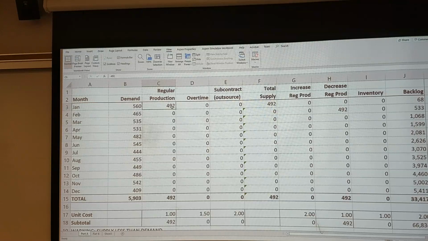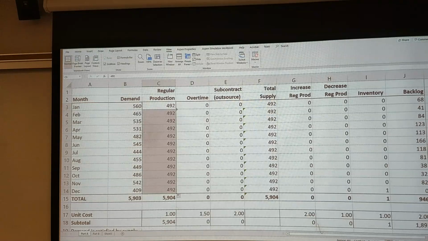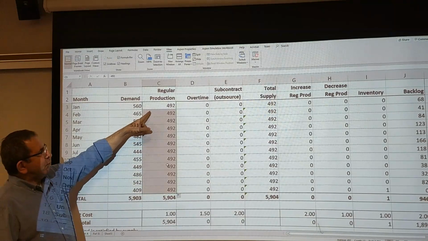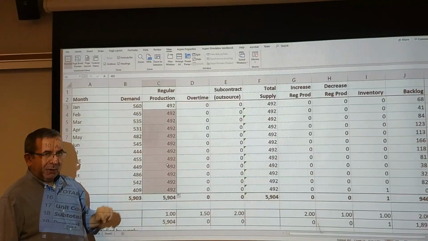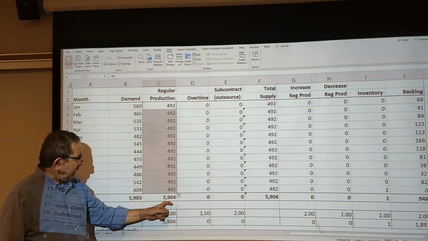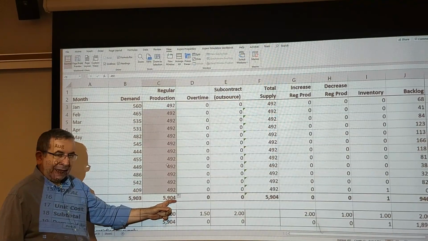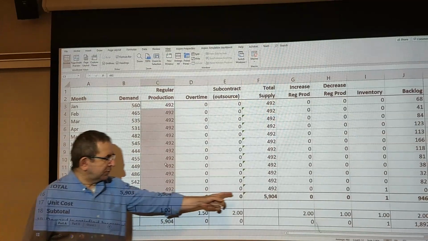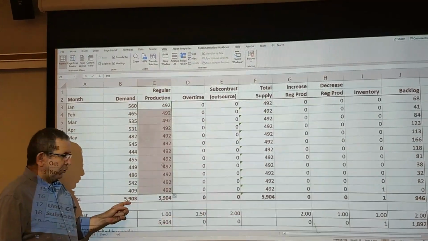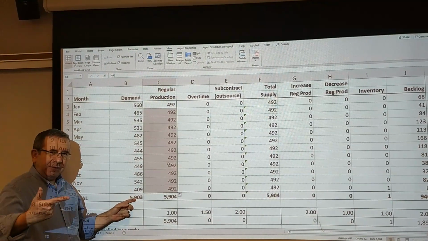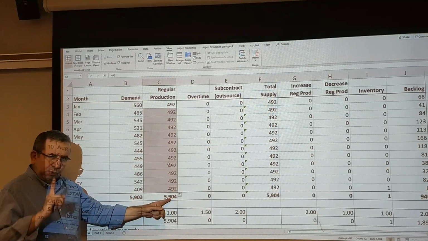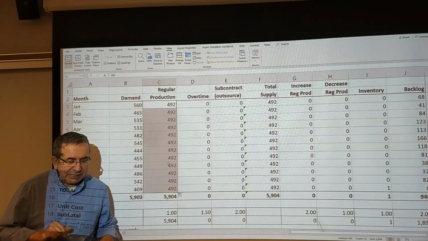If we produce 492 items every month, the same number, this is the total supply, and this is the total demand. Because of the rounding error, we produce one more item, so that's easy to fix.